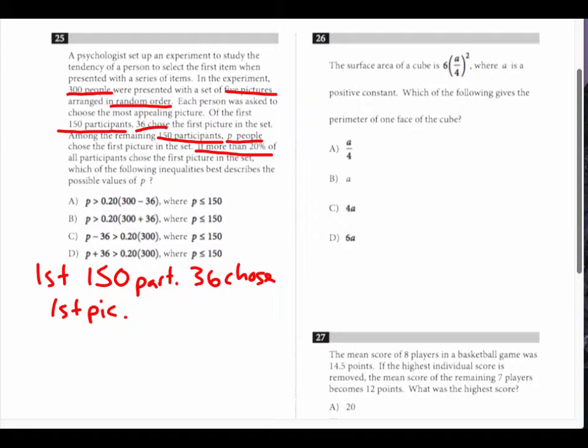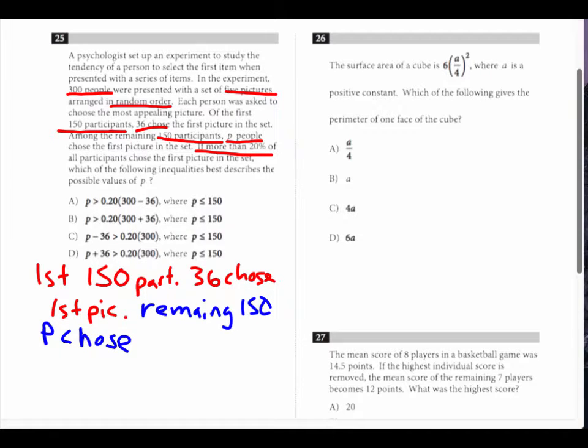And then the remaining 150, and remember they're labeled as P, chose the first picture.